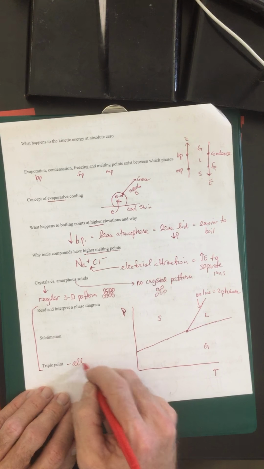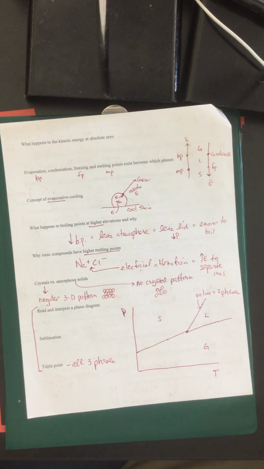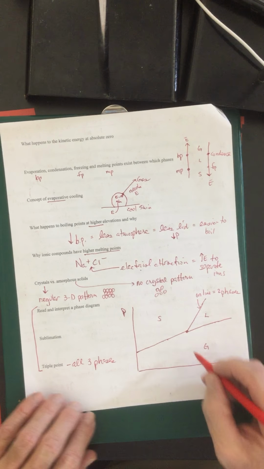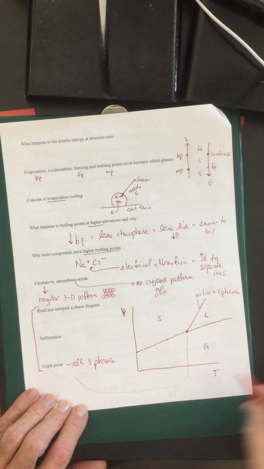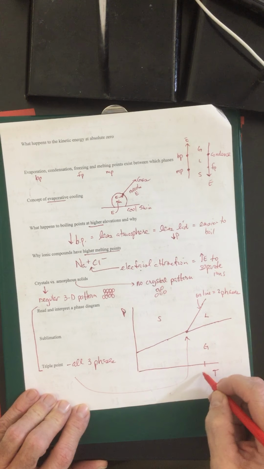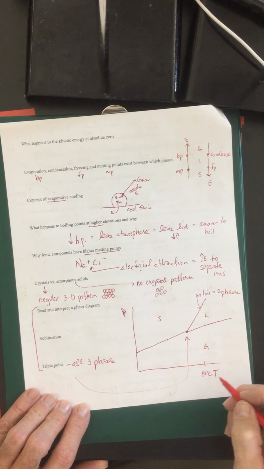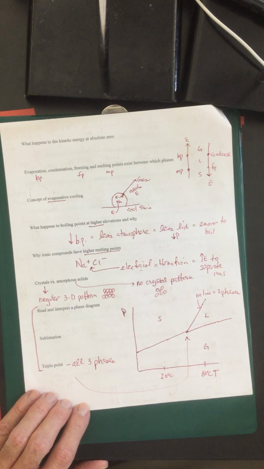This is when you have all three phases at the same time, and that can be accomplished with most substances as long as you have the right pressure and temperature. So this occurs right here. That's the triple point. Let's say this is going to be 80 degrees Celsius. Let's say this is going to be 20 degrees Celsius.